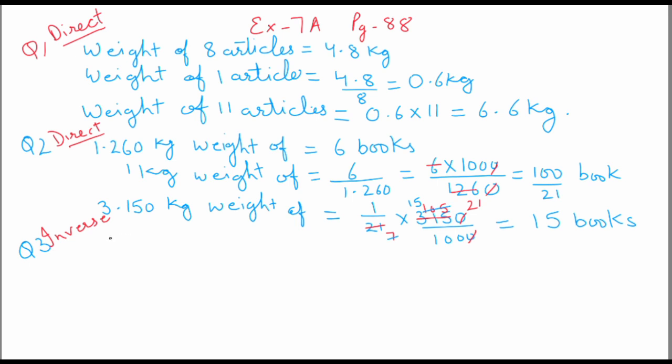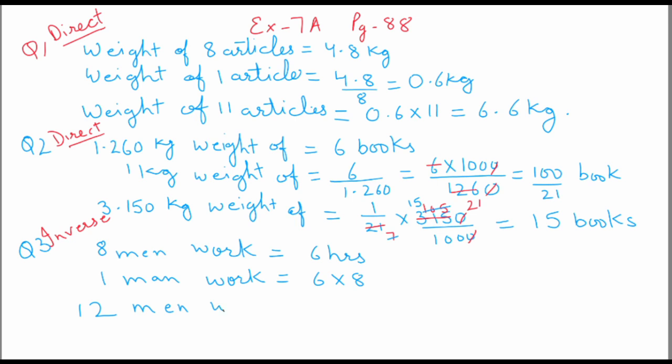That means 8 men work equal to 6 hours. Then come to the unitary method, 1 man work. Now we are in the inverse. So what we are going to do? We will multiply. One person has to do more work. Now for the 12 men, naturally it will be less time.